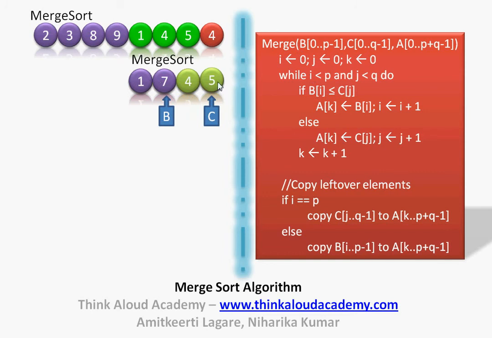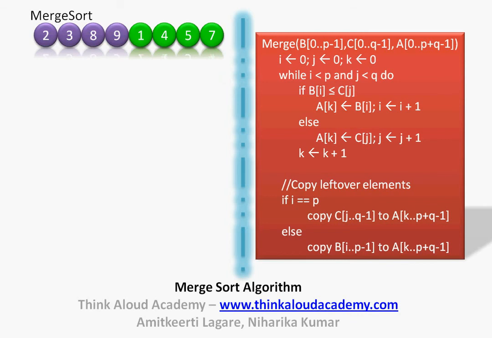Is 7 less than 5? No. So we copy the C element into its parent, and then we again check that we have reached the end of the list. So C drops off, and whatever elements are left over get copied here. So the left and right sublists at this particular stage have been sorted into the main array. So this can be dropped off, and we are done with this particular part.